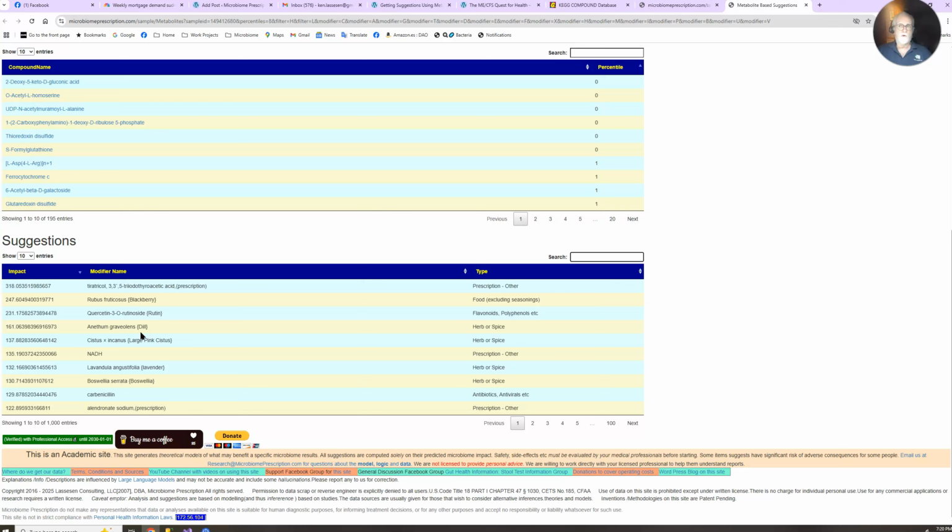I have not merged them. I don't intend to merge them, at least not at the moment, because I want to keep them separate, and they are interesting to work with. Again, if you try them, I'm curious to see whether you perceive these special metabolite-driven suggestions actually make a big difference.